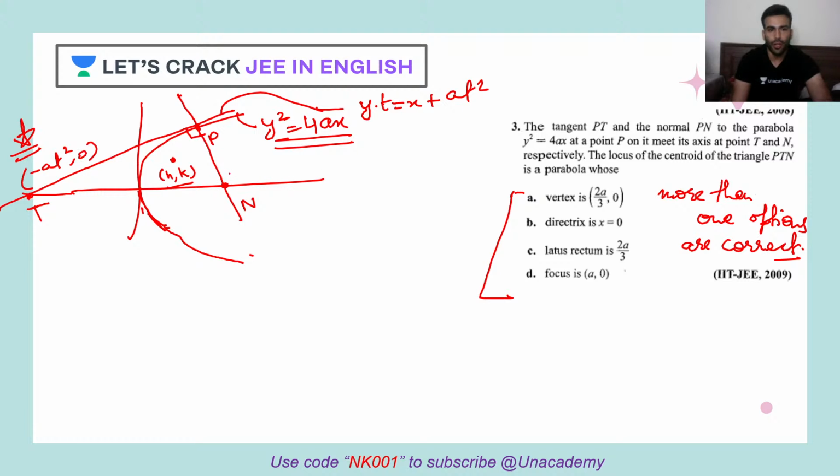For the normal, what will be the normal's equation? Very easy. y minus 2at, slope will be what? This is minus, this is 1 by t, so slope will be minus t here. x minus at square, right? I hope this is clear with everyone.